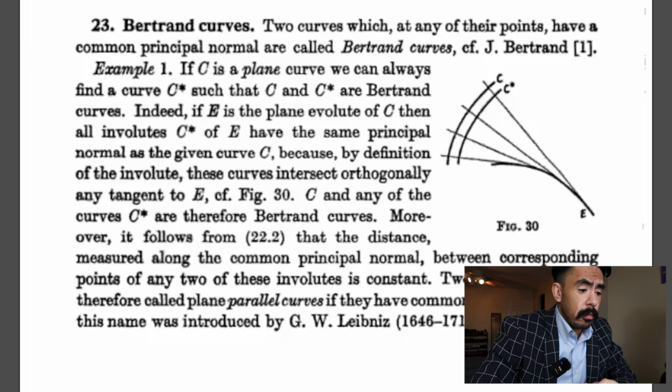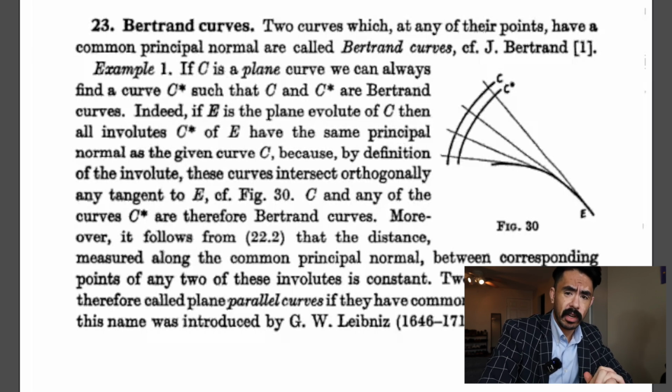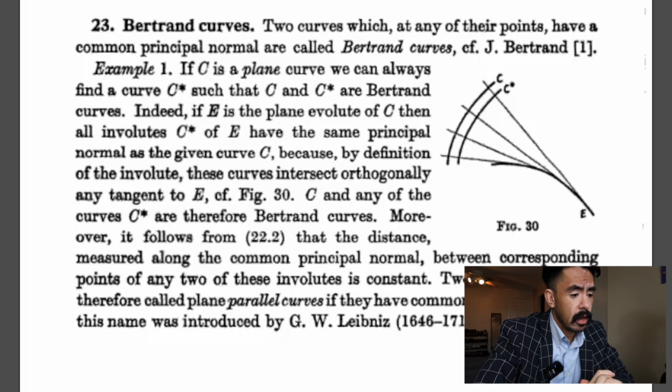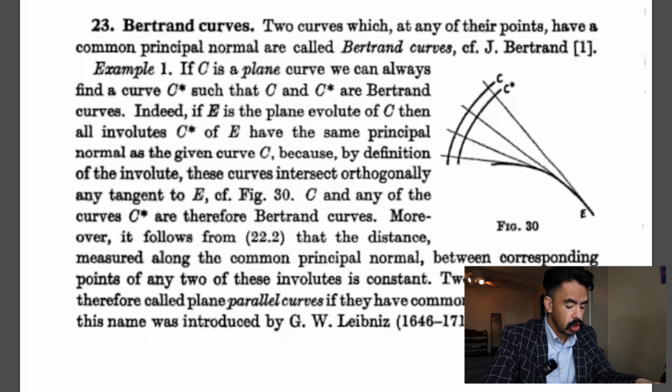There you have it. Moving right along, section 23, Bertrand curves. Two curves which at any of their points have a common principal normal are called Bertrand curves, as per Joseph Louis Francois Bertrand.